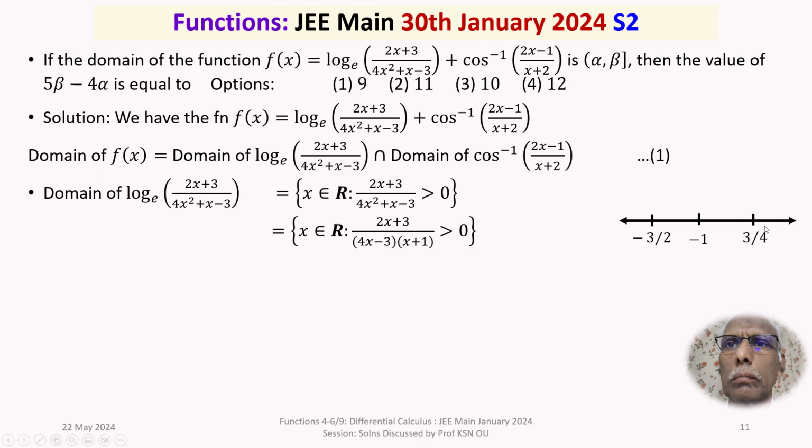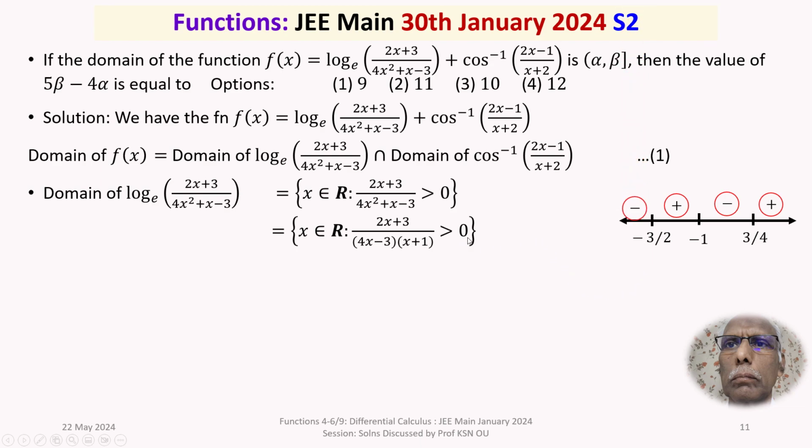So when x comes from the right of 3 by 4, it is positive. Then this is negative. That means when x is in the interval minus 1 to 3 by 4, negative, and then positive in this interval, and then negative in this interval, minus infinity to minus 3 by 2.